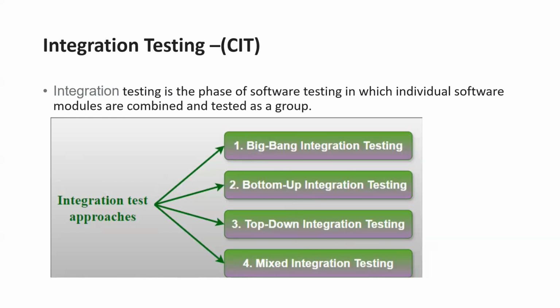Mixed integration testing is also called sandwiched integration testing. A mixed integration testing follows a combination of top down and bottom up testing approach. This is a combination of bottom up integration testing and top down integration testing, that is called mixed integration testing.